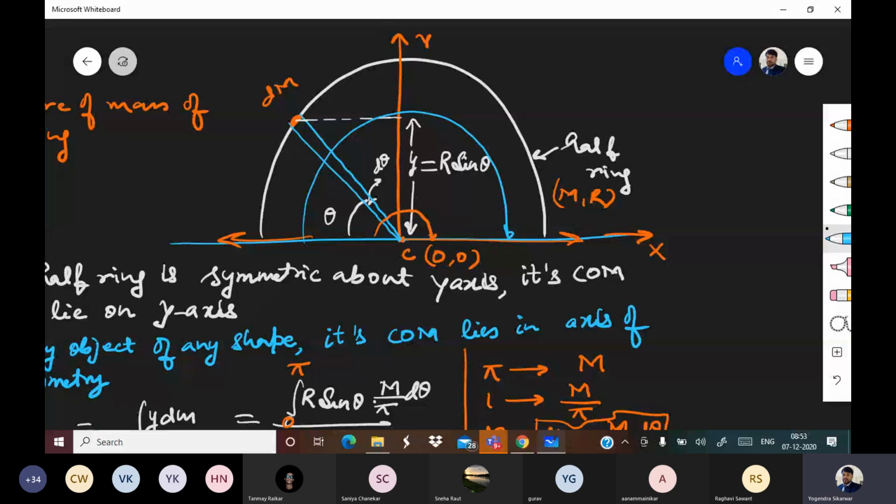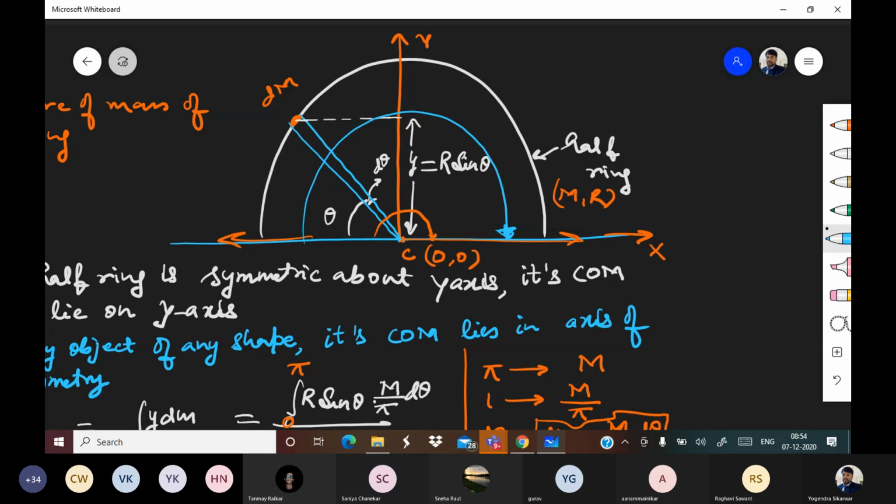Can you see that? How much is this angle? What is the value of this angle? Pi. So in pi angle, how much is the total mass? M. Very nice.